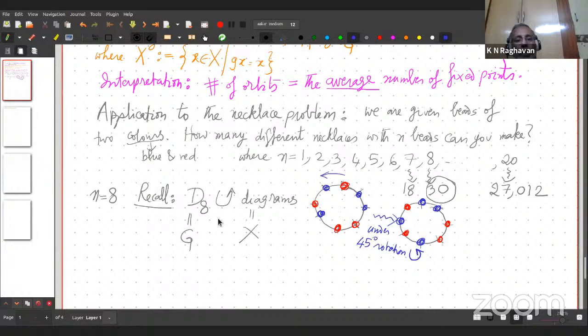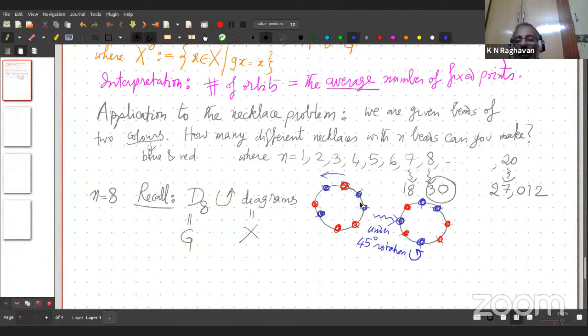So it is clear, I hope, how the elements of G act on diagrams. And what we had observed was, if we get a different diagram, like here, these two are definitely different diagrams, because a diagram is what I see.